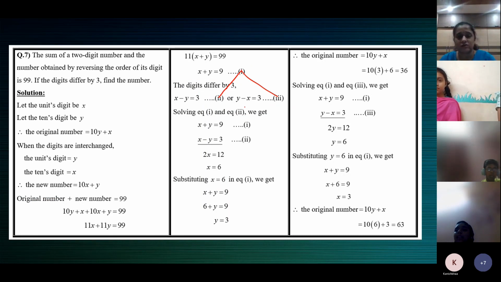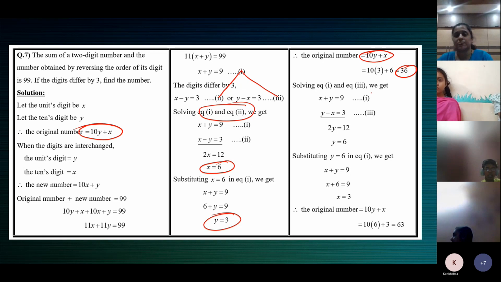When we solve equations 1 and 2, we get the original number. See, we get x is 6 and y is 3. So the original number is 10y plus x, which is 36. When you solve 1 and 3, you get y as 6 and x as 3.